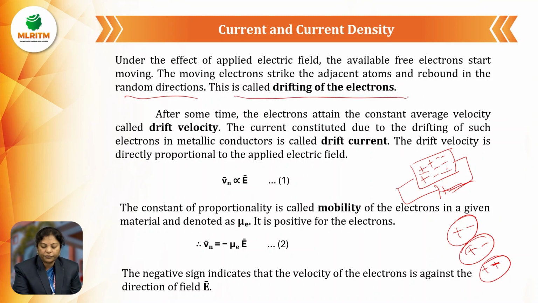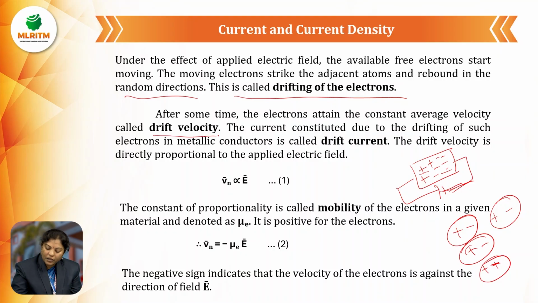So this is called drifting of the electrons. Drifting means some push. After some time these electrons attain a constant average velocity. Means after rebounding, these positive and negative ions and electrons move with some constant velocity. This velocity is called the drift velocity.